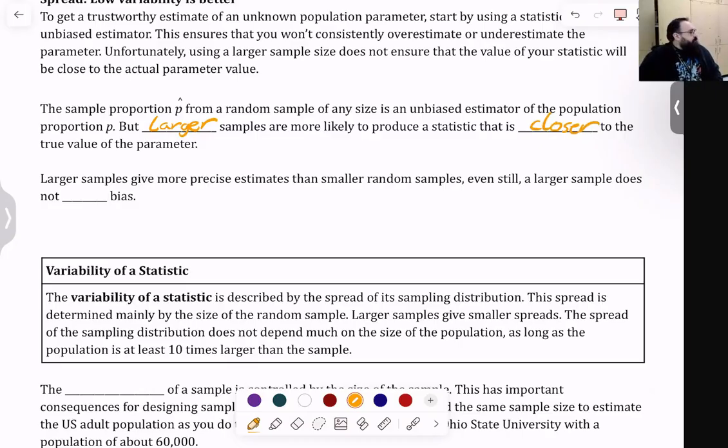Because as your sample size gets infinitely large, isn't it getting closer to the actual population? Right? So the more data you have, the closer you're going to get to the actual population, which makes sense. Larger samples give more precise estimates than smaller random samples. And even still, a larger sample does not fix bias.